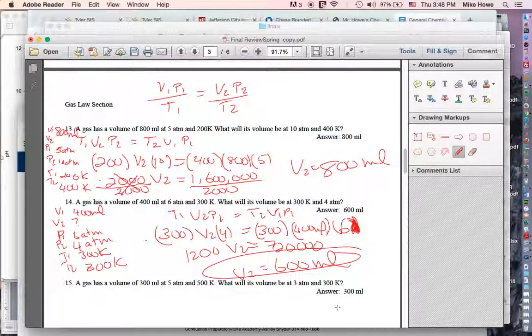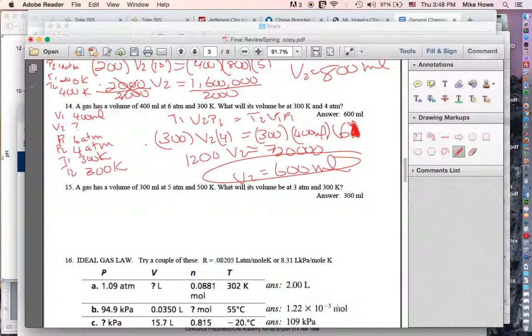All right, last one of these. You've got V1, V2, and so on, so just do it real fast. V1, V2, P1, P2, and T1, T2. You don't really need to dot your 1, but I just did. So 300 milliliters here, 5 atmospheres here, 500 K here. 3 atmospheres for P2, 300 K here. All right, so set up your formula.